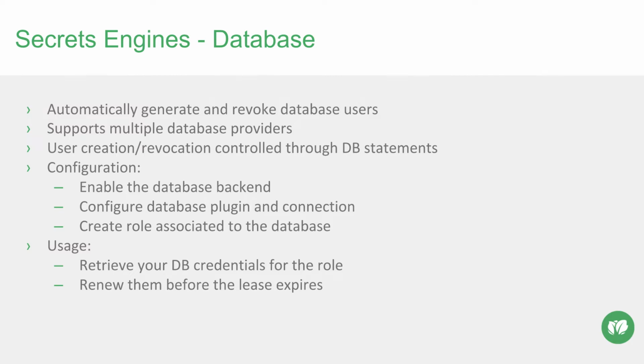It's kind of like a circular reference here, and it's really just for security purposes, in case a different team is creating the database connection and another team is creating the roles that are connecting to the database.